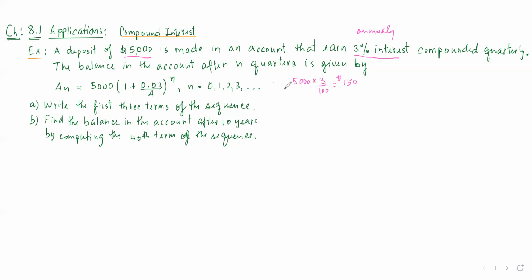So that means the first year you will earn interest of $150. Your capital 5,000 plus 150, so in the second year the capital plus the interest is going to be 5,150.